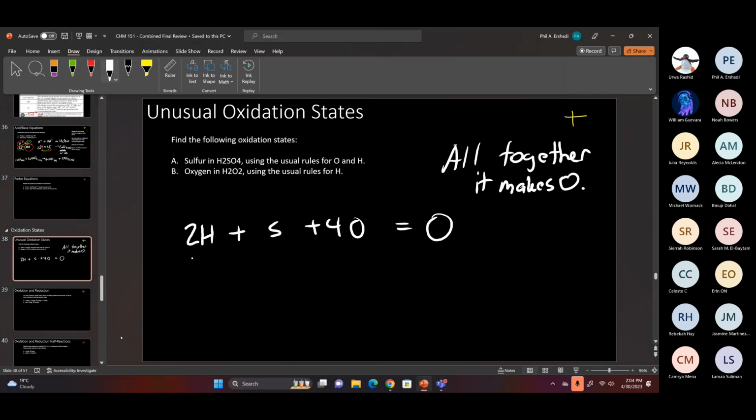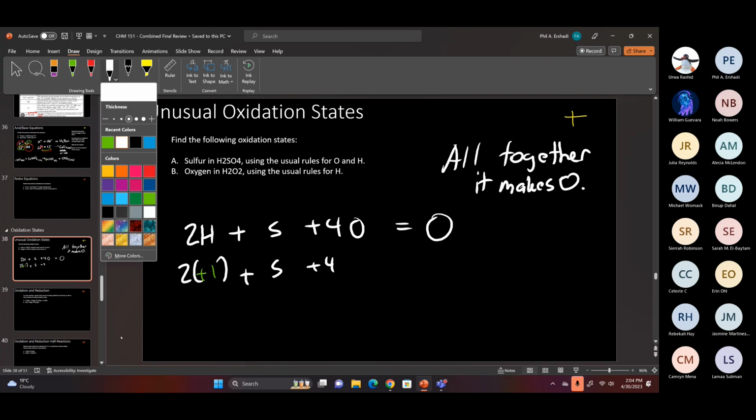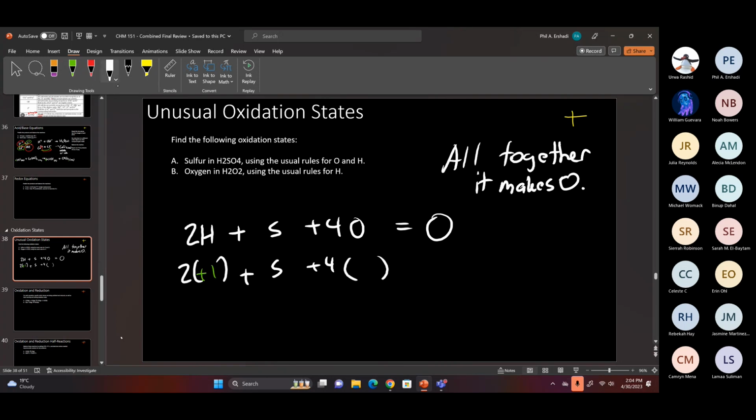Very good. So in the H position, we say +1 plus S, and then 4 times -2 right here equals 0. If we do the math, we'll have 2 plus S, and then 4 times -2 makes -8.